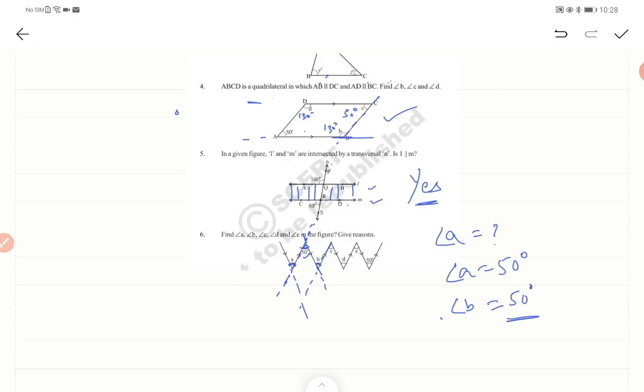If you want to check it, do it by yourself. If you have any doubt, we can discuss it in our Zoom meeting. So angles A, B, C, D, and E are all 50 degrees. Why? Because they are all alternate to each other. When you find one angle is 50, obviously all the other angles will be 50 degrees.